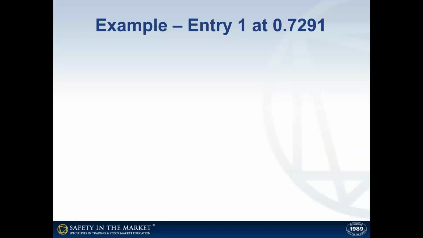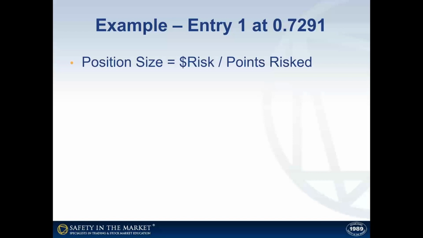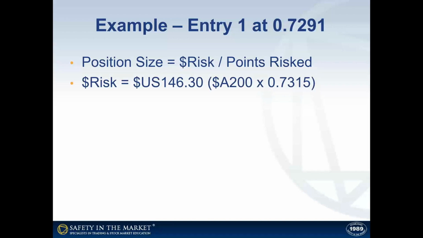So example number 1, entry at 72.91. Keep in mind our position sizing formula equals the dollar risk divided by the points risked. Now the dollar risk on the trade is $146.30 US, and we get that by multiplying our Aussie $200 by the price of our stop loss at 73.15.